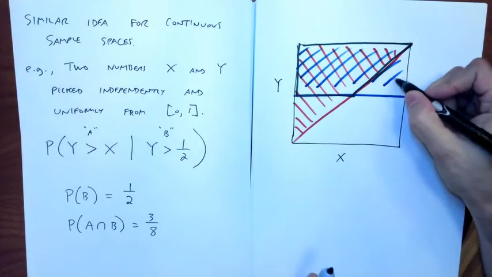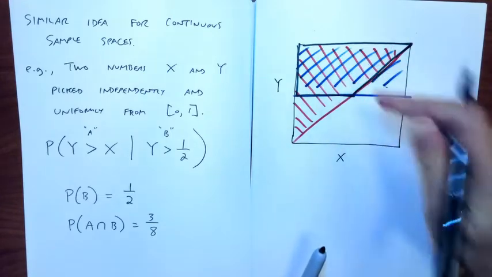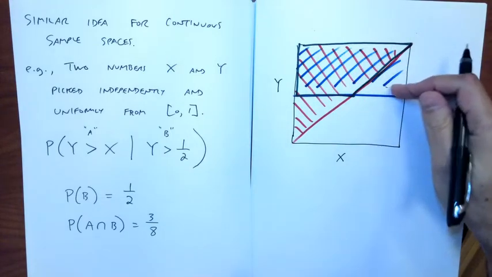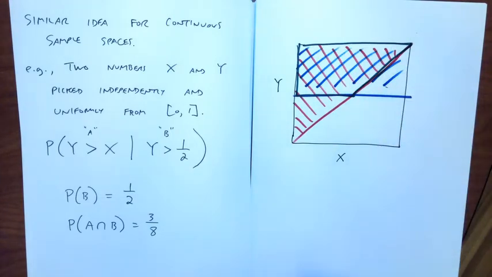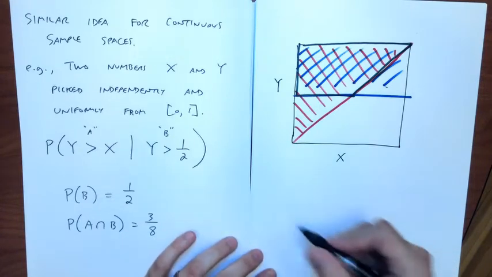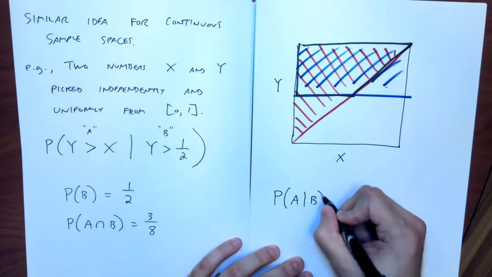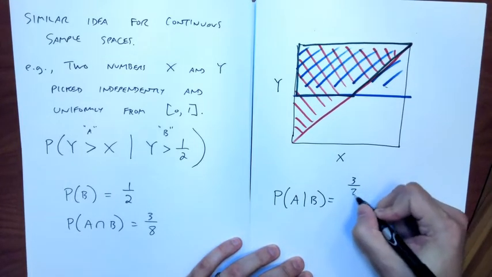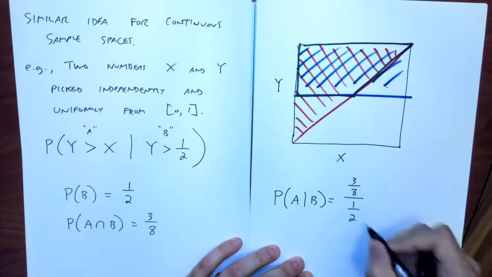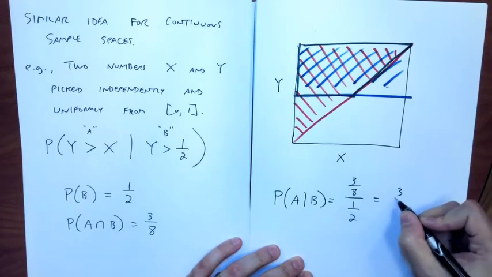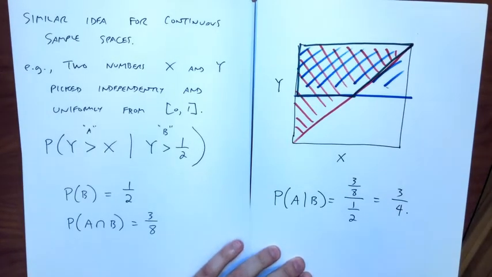Because the area of this little guy is 1/8, and then there are 3 of those up there. So that means the probability of A given B is 3/8 over a half, or 3/8 over 4/8, which is 3/4, right?